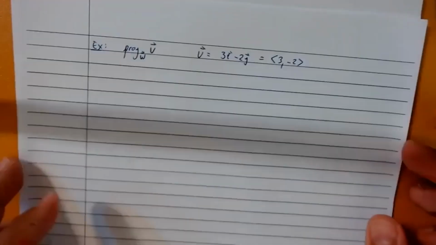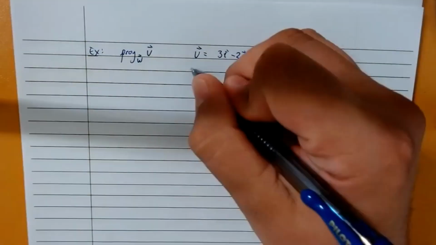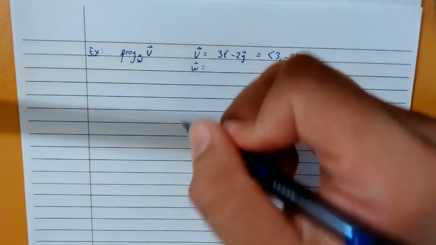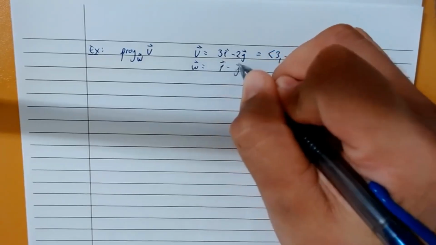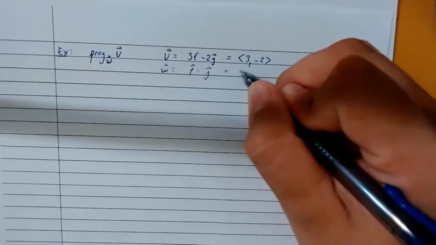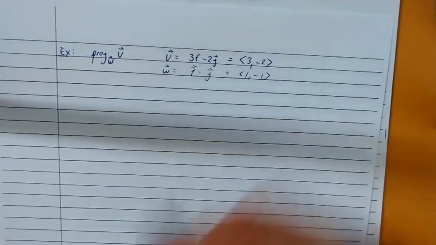They are interchangeable. And the vector w can be written as i minus j, or if you prefer, 1 comma negative 1.